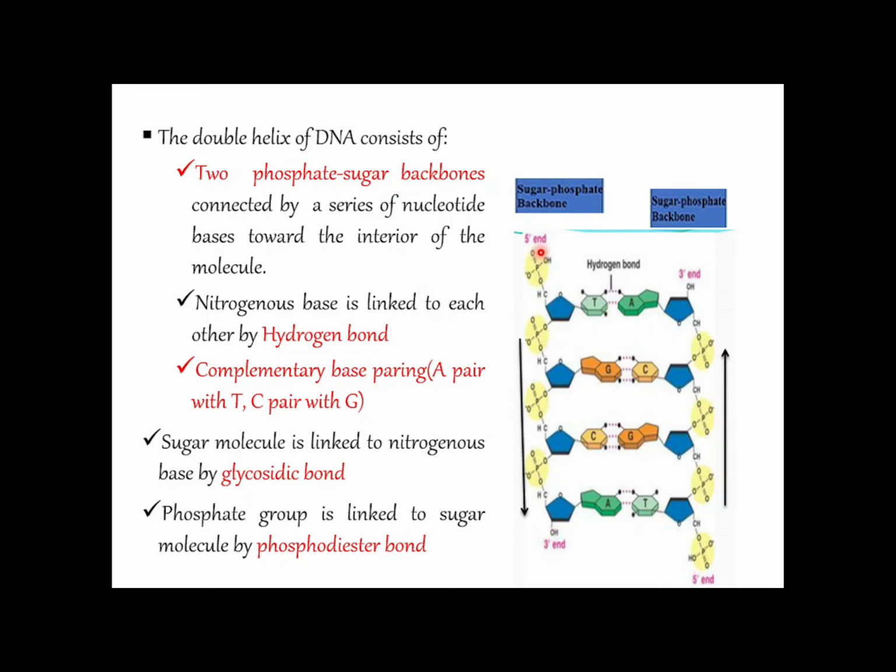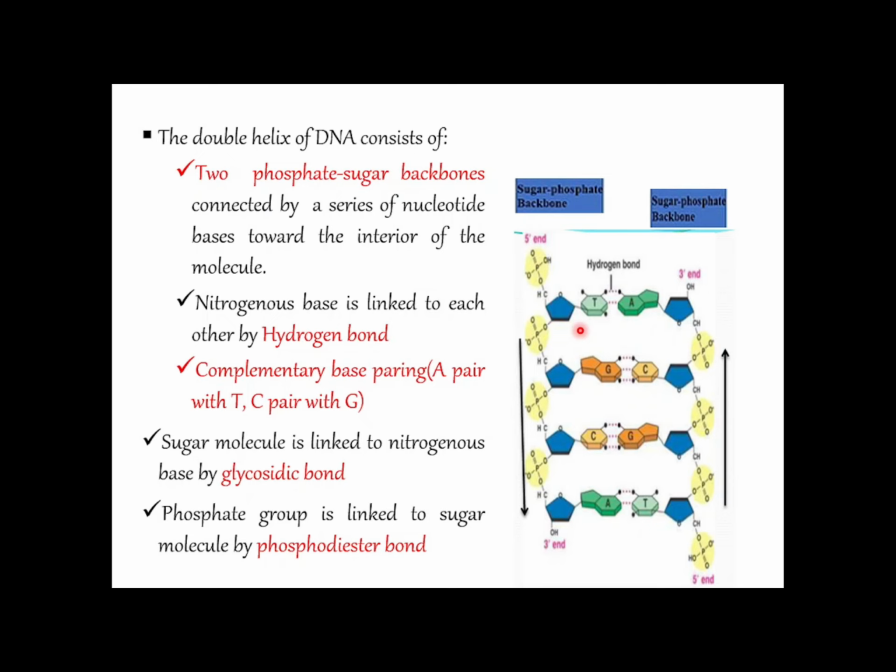So the strand is oriented from 5' to 3'. They are antiparallel. When one strand is synthesized in the 5' to 3' direction, the other one runs in the opposite direction. Actually, I will provide these details in the replication process in the next lecture.